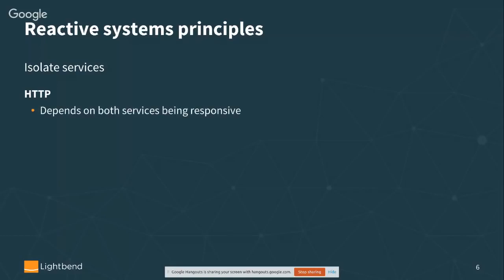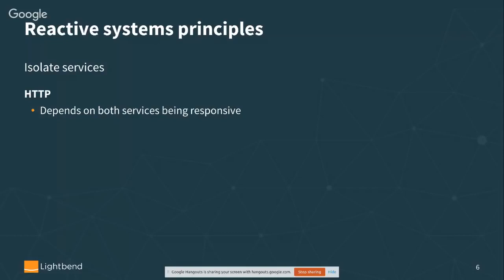So HTTP depends on both services involved in the communication being responsive. And this offers an opportunity for fragility, because if one of those services goes down, then effectively both services are down. You can't achieve the operation that you needed to if you're using HTTP to communicate between them.